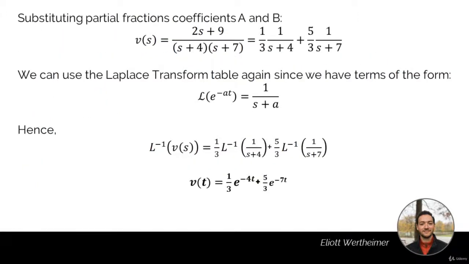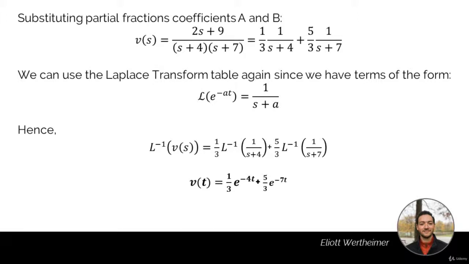We can now replace this in the equation that defines Vs. So we get that Vs equals 2s plus 9 over s plus 4 multiplied by s plus 7, but it also equals 1 over 3 times s plus 4, plus 5 over 3 times s plus 7.